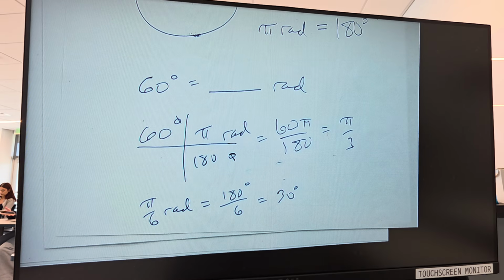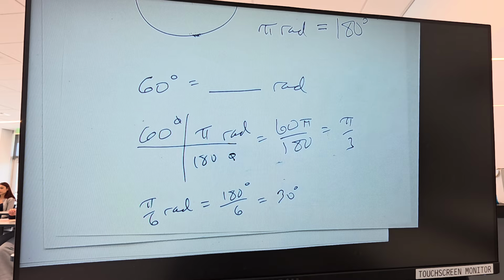So pi over 6, since I'm taking pi and dividing by more, it becomes smaller. Pi over 6 is 30 degrees. Pi over 3, I'm dividing by less, so it should be bigger. Pi over 3 is 60 degrees. What's pi over 4? 45 degrees. 30, 60, 90, 45, these are all very important.